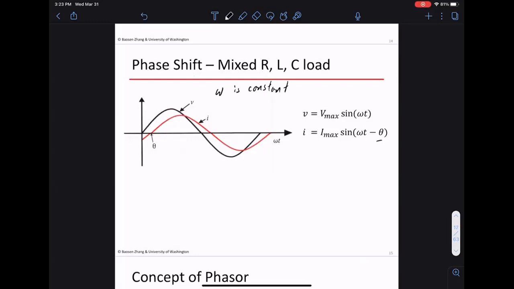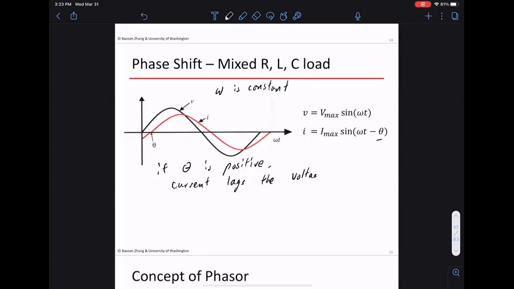Our terminology is that if theta is positive, then the current lags the voltage. If theta is negative, then the current leads the voltage.